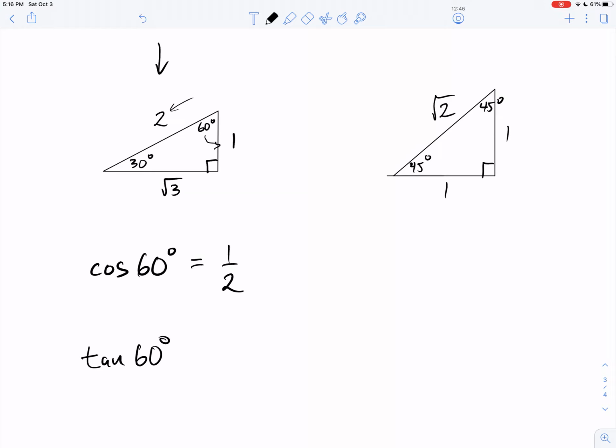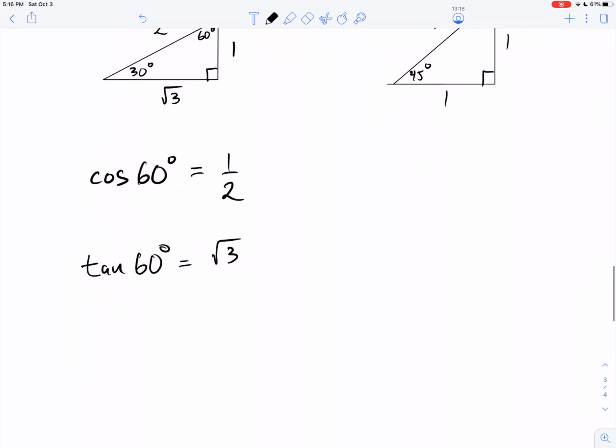I would say, oh, okay, let me remove those arrows I just drew in. Oh, God, I got rid of that. Now I can put that back. Well, opposite the 60, adjacent to the 60, what would the answer be? It'd be rad 3 over 1, but you don't have to write the 1 if you don't want to since it's in the bottom. So I'm not going to. There's my answer, rad 3.